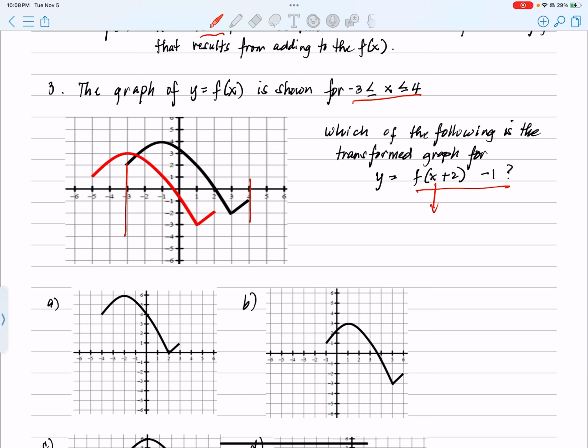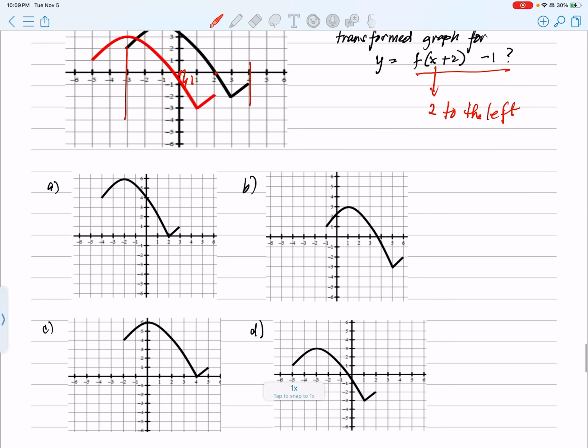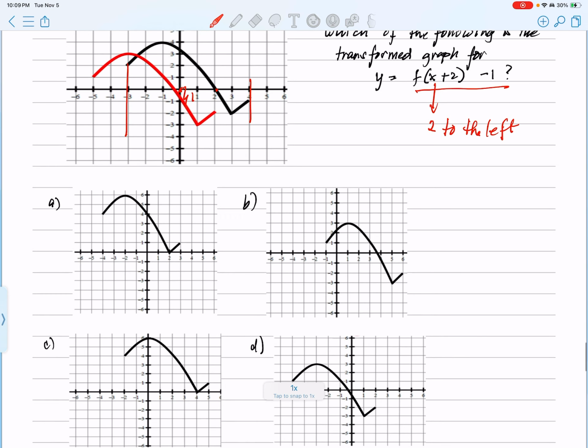So 2 to the left. So from here, 2 to the left, the graph should be there. -1. So it goes down 1. So it should be, actually we have that already, the red one. And this would be the right answer here.